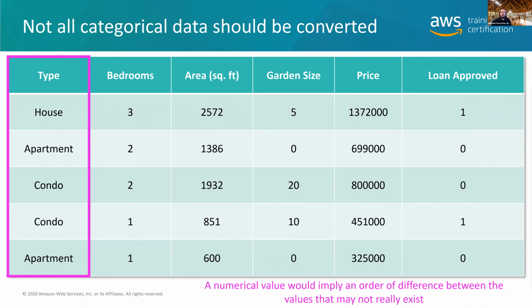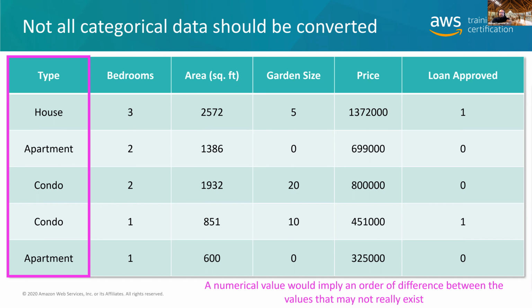By contrast, it's not generally recommended to encode nominal variables, for example, as numerical data, because the increasing value of the number isn't necessarily going to denote some kind of increasing value, like t-shirt sizes, for example.